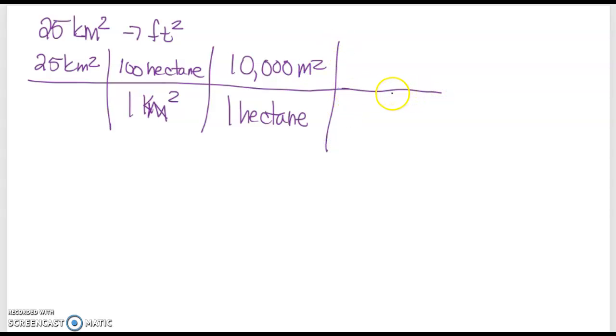Okay, and then for every 1 meter squared, you have 10.76 feet squared. So now, as you can see, I went from kilometers squared to feet squared. I was able to cancel all this out, and that's why I end up with this here.